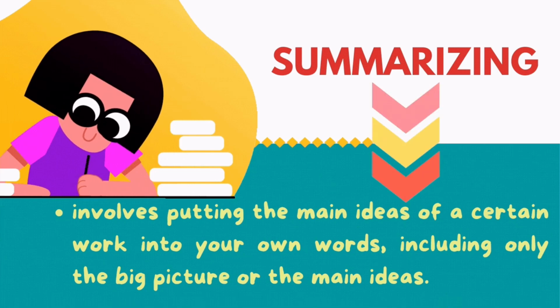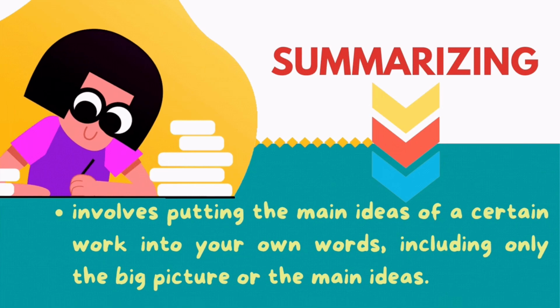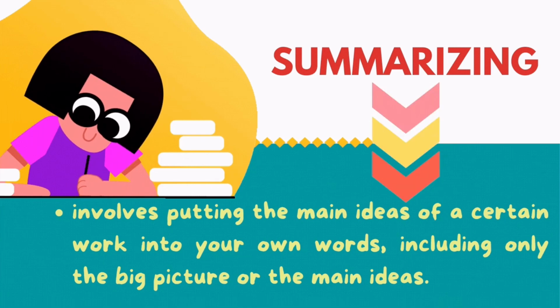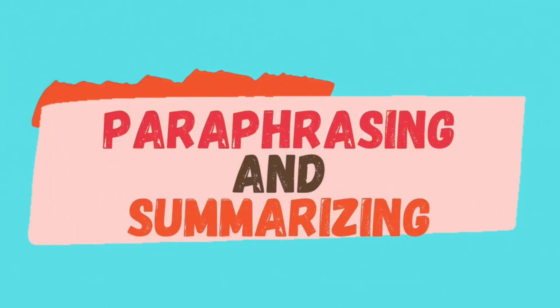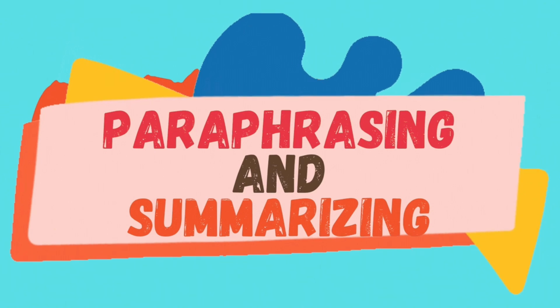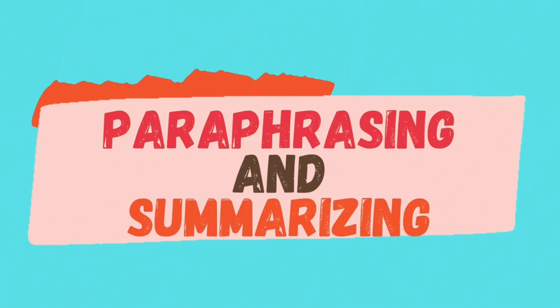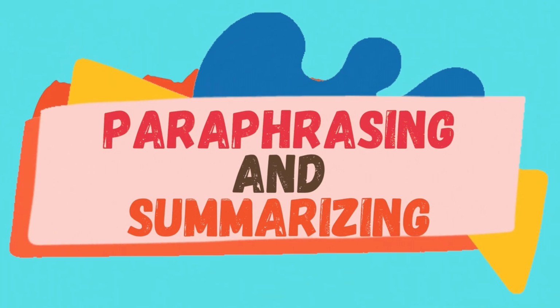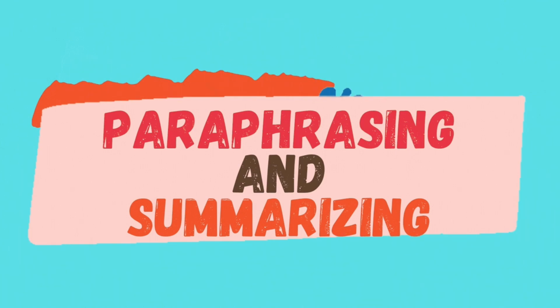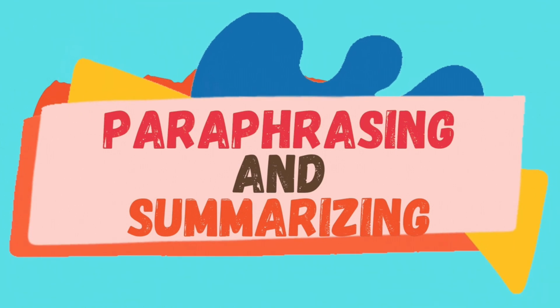Summarizing, on the other hand, involves putting the main ideas of a certain work into your own words, including only the big picture or the main ideas. Both are techniques used to incorporate sources or other writers' ideas when writing materials like an essay or a research paper.